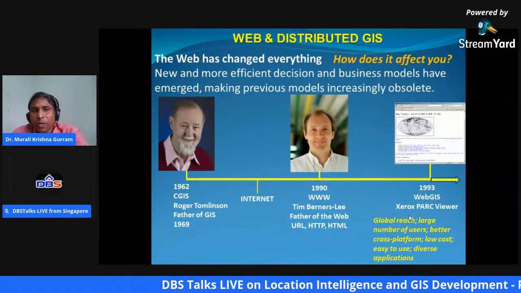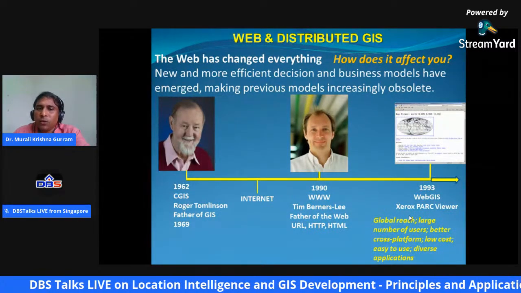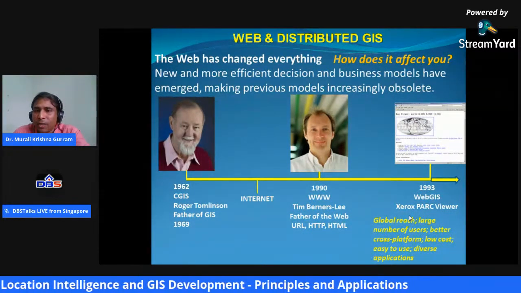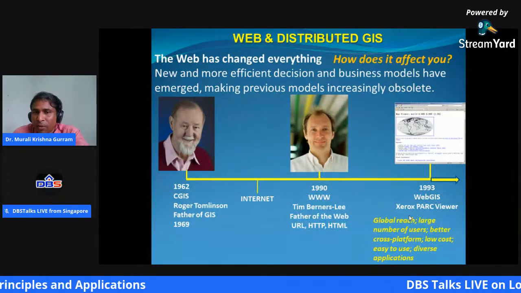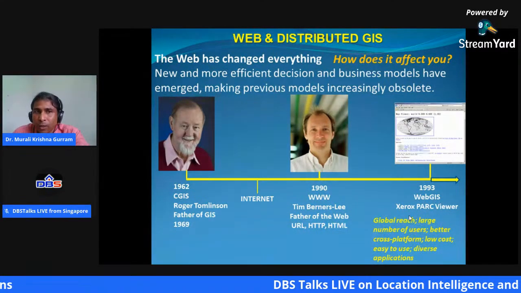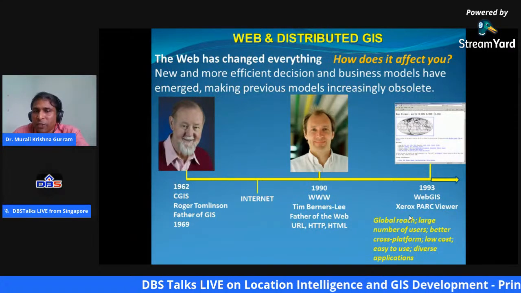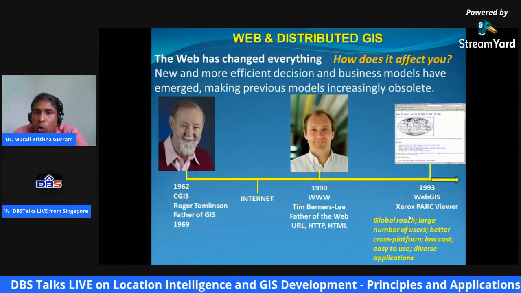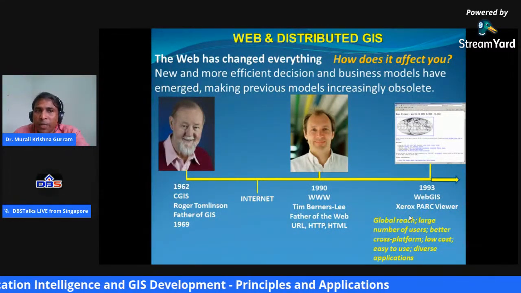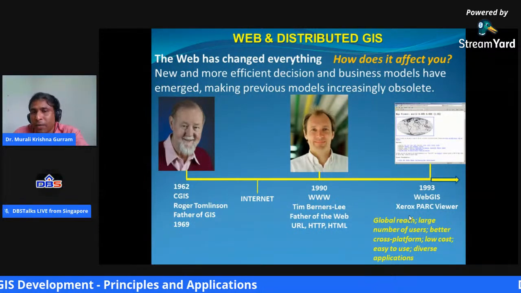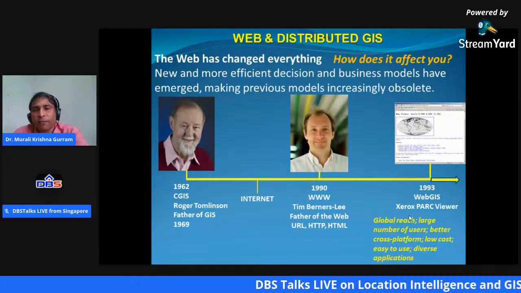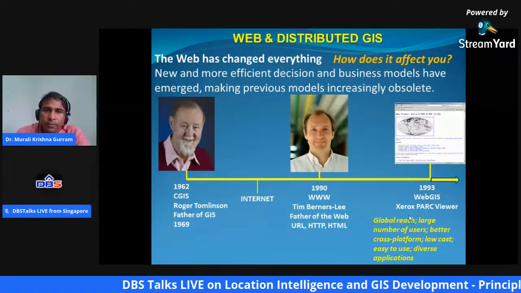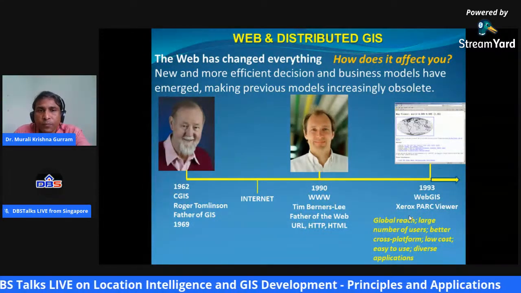Because of its global reach. It can reach a large number of users and utilize better cross-platform functionality, and it becomes very low cost because it becomes accessible to everyone. Then automatically it becomes low cost and easy to use. So the applications are very diverse for that matter. That's the reason. Next slide, please.